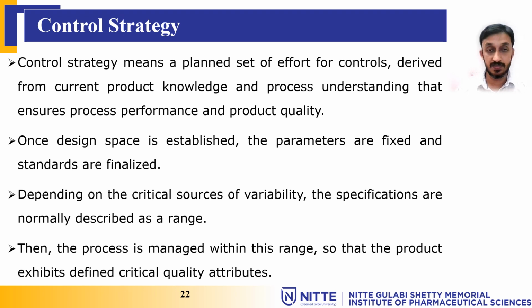Say if the unit operation is mixing, the unit operation will be controlled by providing a proper SOP, where the SOP says which machine to be used for mixing and how long the mixing should be carried out, what should be the order of addition of ingredients, etc. So SOP is one of the controlling tools, along with process documentation such as batch manufacturing report or the other documentations, along with quality assurance, line clearance, etc., are the control strategy.